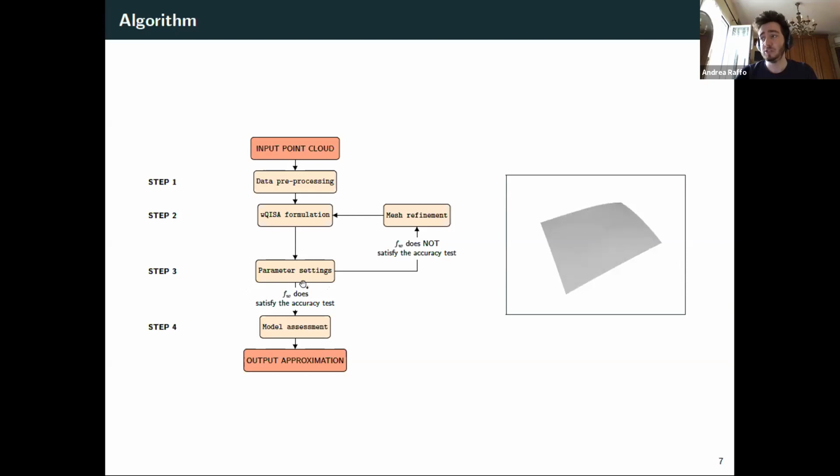Now, if the approximation that we achieve is accurate enough, meaning that it satisfies an accuracy test, then we return this approximation together with the generalization error computed on the test set. For example, the mean square error computed on the test set. Otherwise, we globally refine the mesh where the validation error shows that the approximation is not good enough. And in general, we repeat step 2 and step 3 until the accuracy test is satisfied.